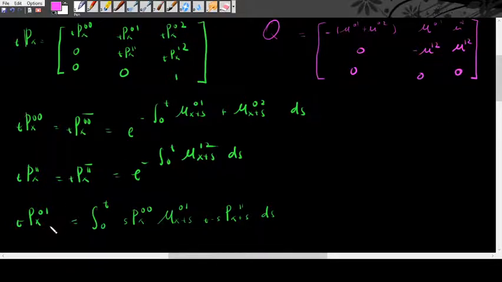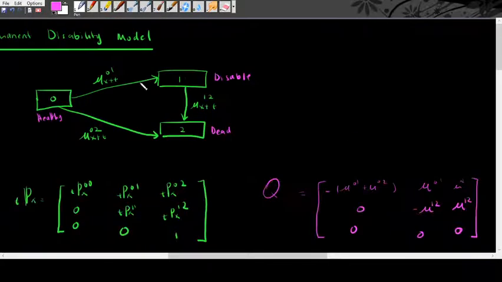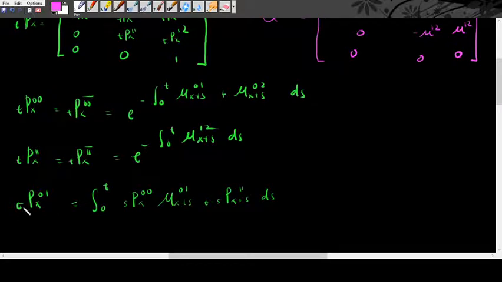For tPx01, that means going from state 0 to state 1, what would be the probability? If you draw the timeline here, let's split it into time 0, time s and time t. We don't really know when it will change to state 1, but once it has changed to state 1, it will remain in state 1.